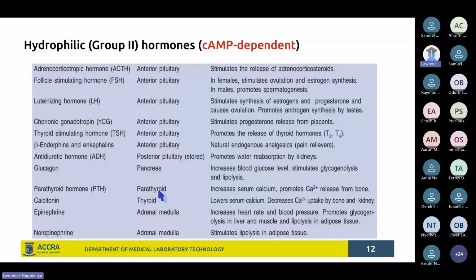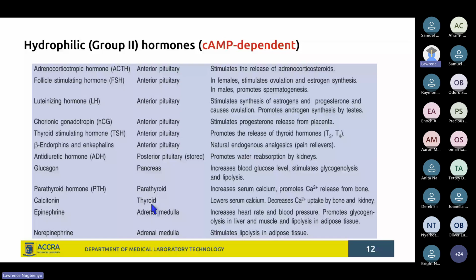Calcitonin, secreted by the thyroid gland, will do the opposite, will lower the serum calcium levels, meaning that it goes to stimulate the decrease, or it goes to inhibit the calcium ion uptake from the bone and the kidneys.